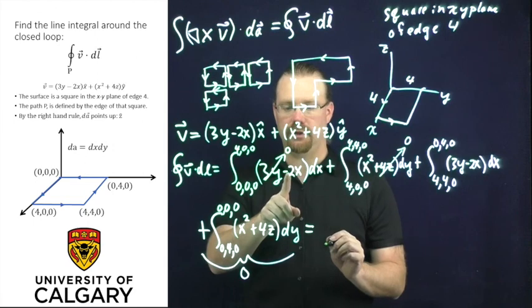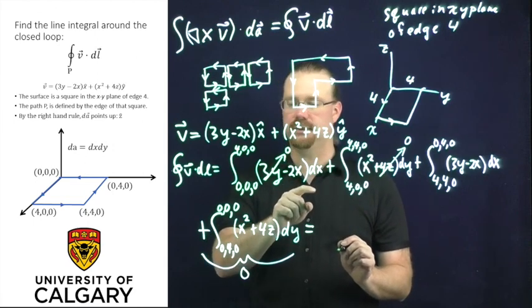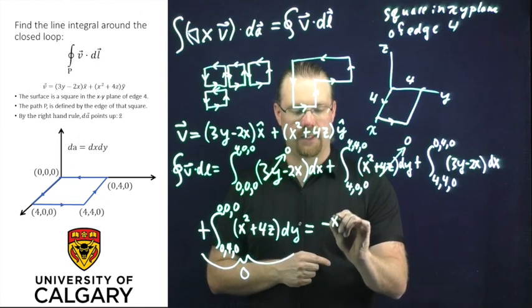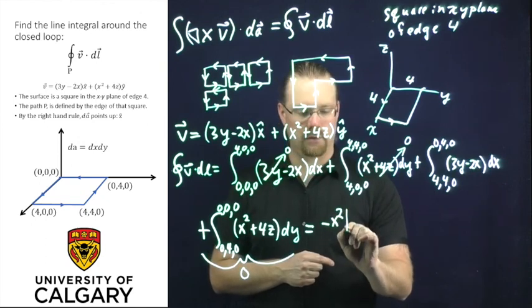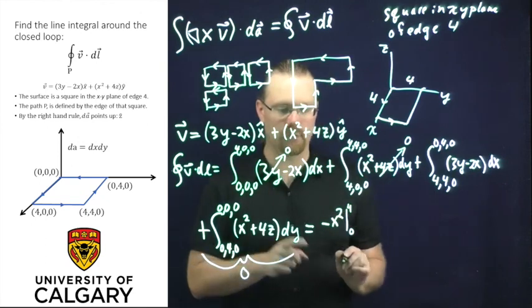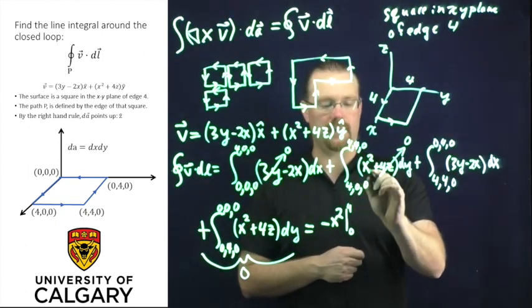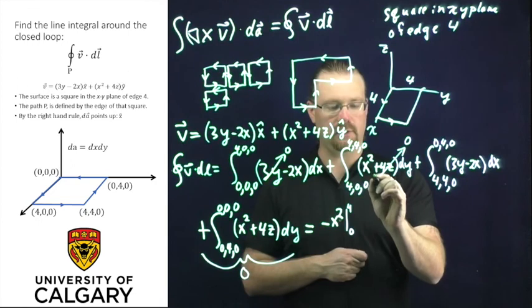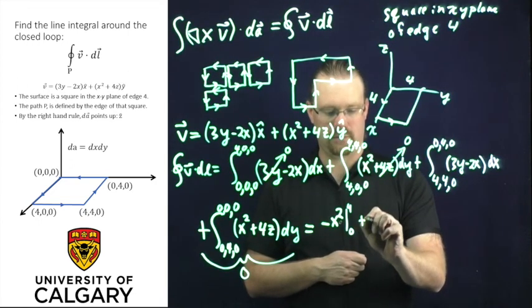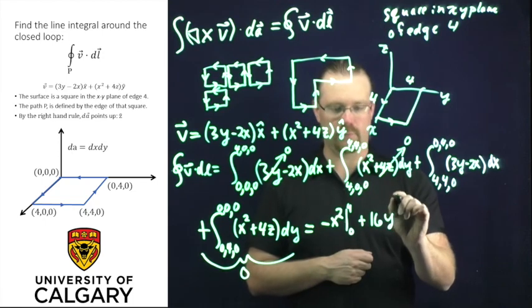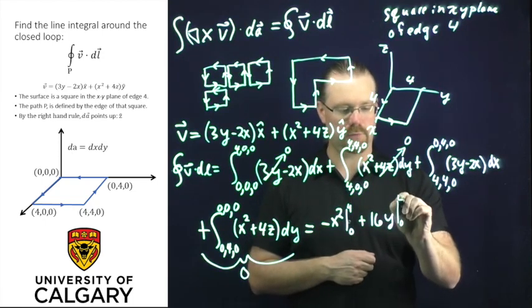We're left with the integral of negative x dx going from 0 to 4. So that's negative x squared from 0 to 4. Plus this integral, x is going to equal 4 all the way throughout. So that becomes 16 y, where y is evaluated from 0 to 4.